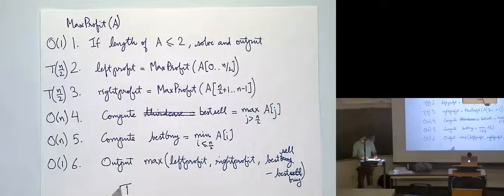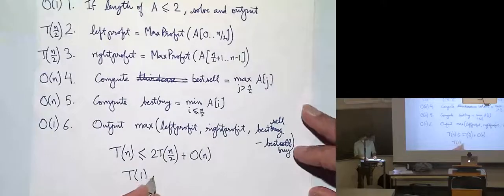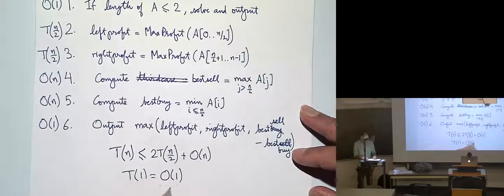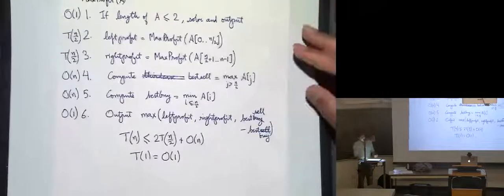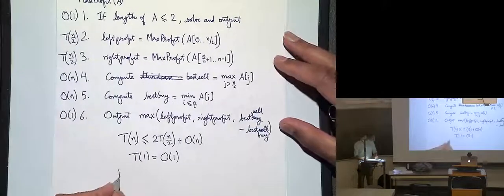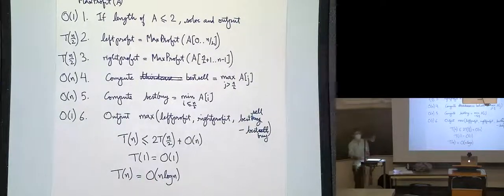And so we get our friend T of n is at most 2 times T of n over 2 plus O of 1. T of 1 is O of 1. And so T of n is O of n log n.